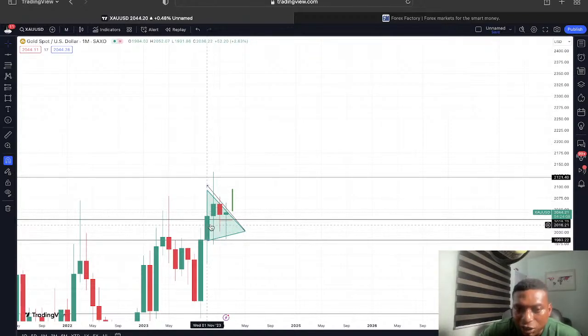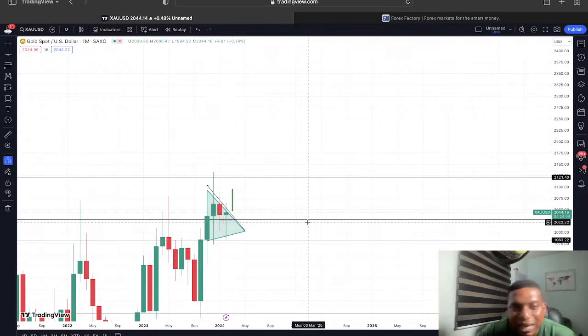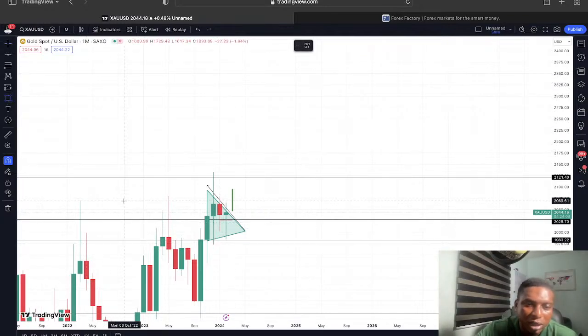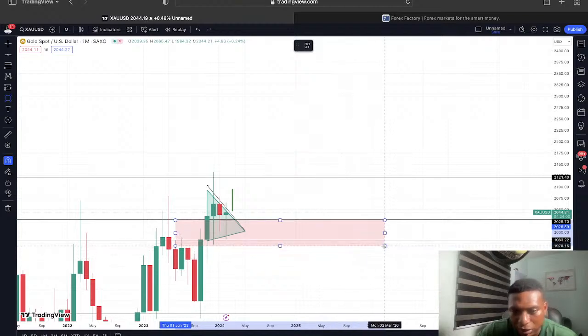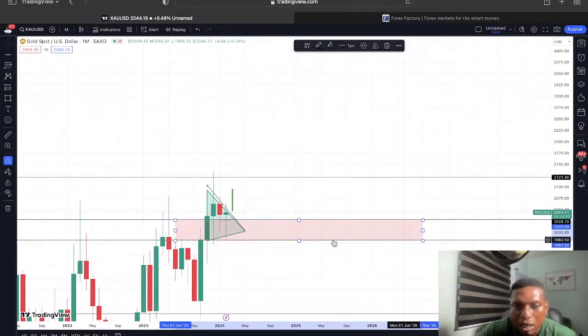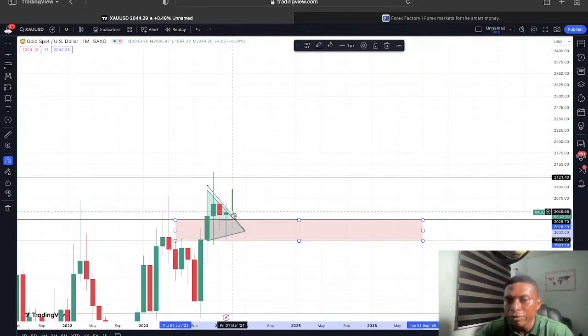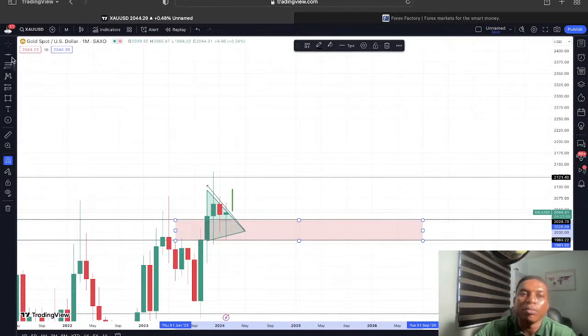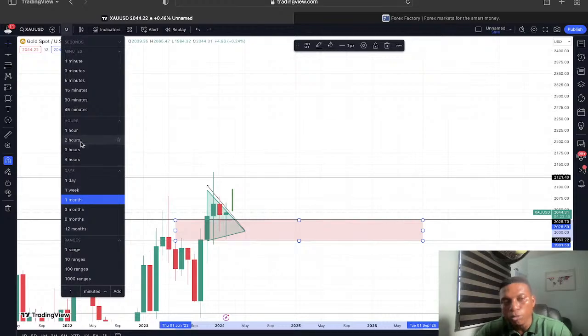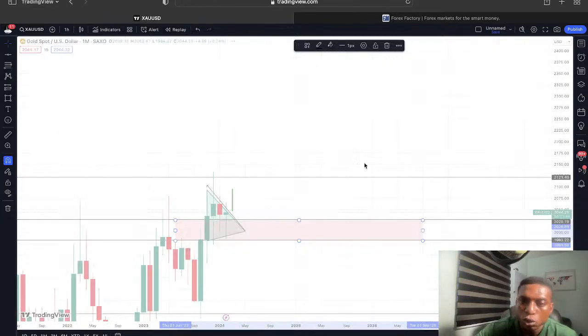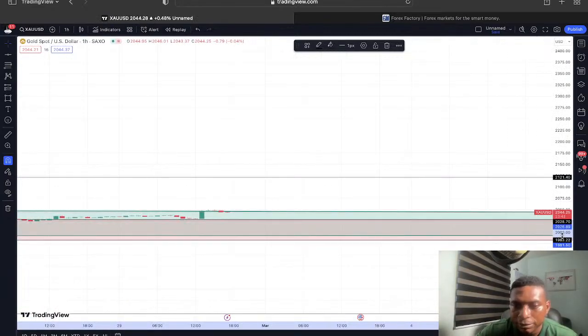Because when you look at the wicks, you will see that there are so many buyers at this level. There are so many buy orders at this level, and it has pushed price up. So what we look to see in the month of March 2024 is a further upward movement in price.